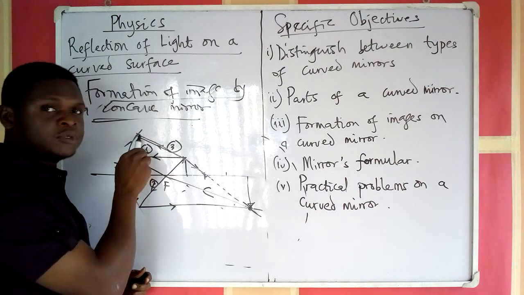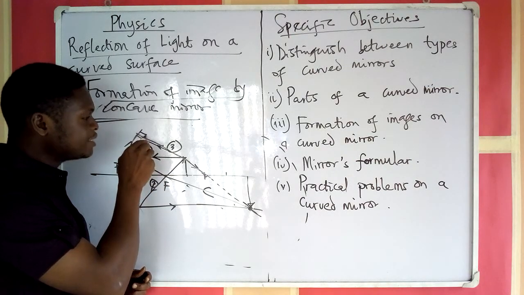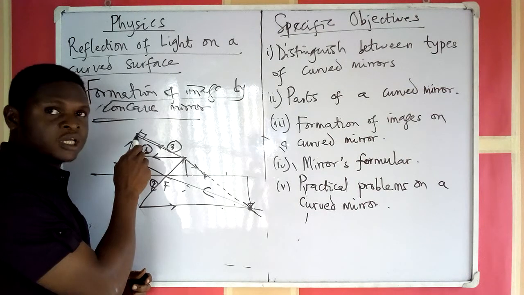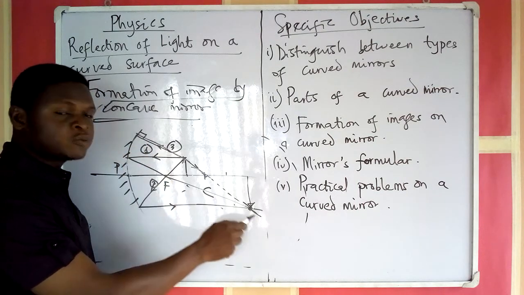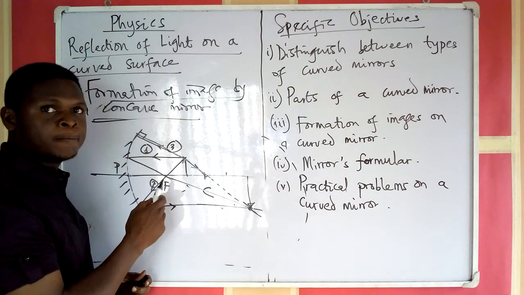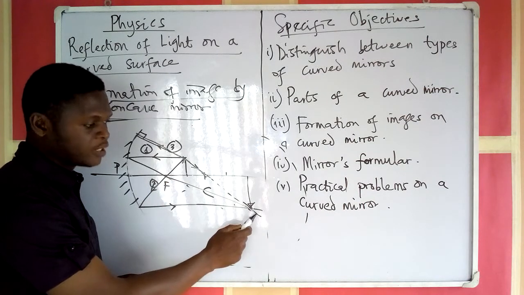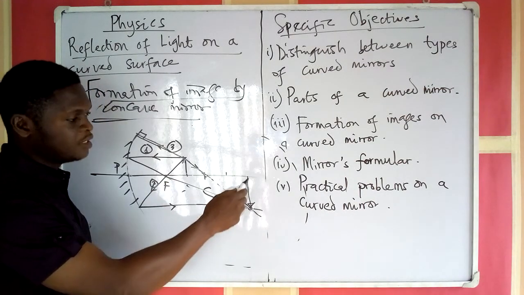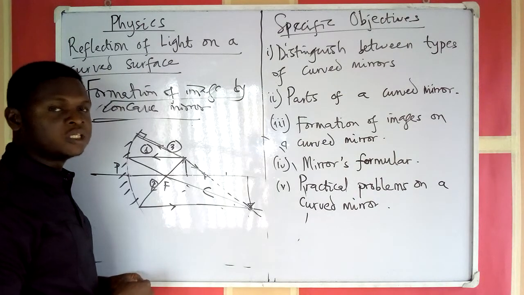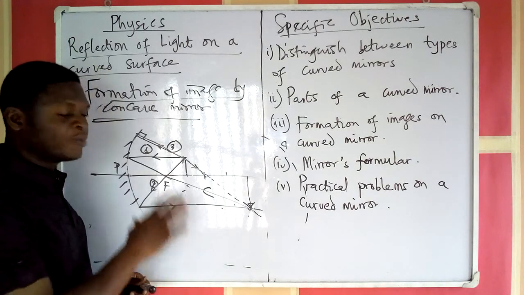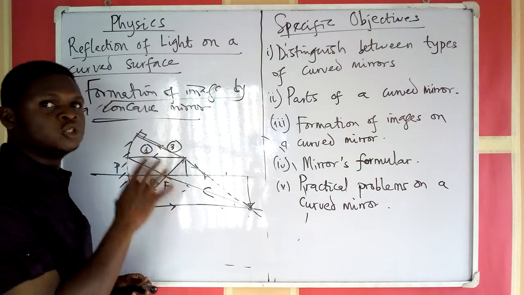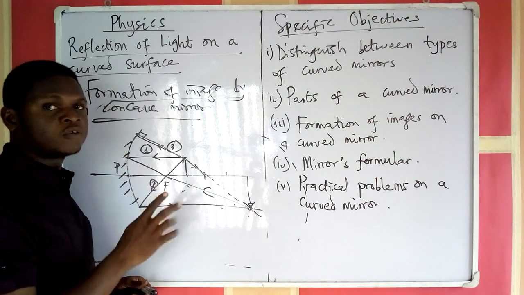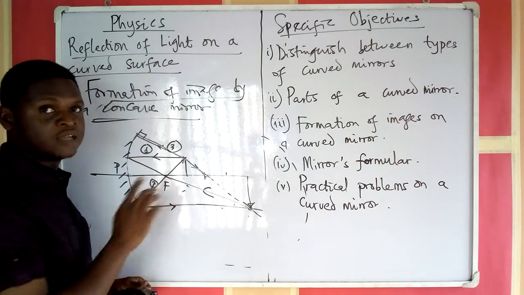It hits the mirror at 90 degrees and without deviation, it comes back through the same path. And when it comes back through the same path, all of them will intersect at a point. And when they intersect, an image will be formed. This is very, very important. So master these three rays and use them. Two is enough for you to draw the image, just like I've said before.